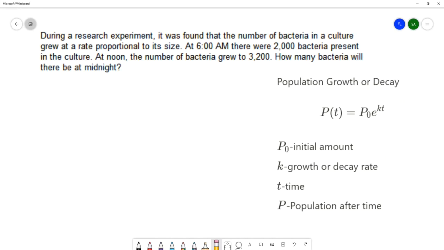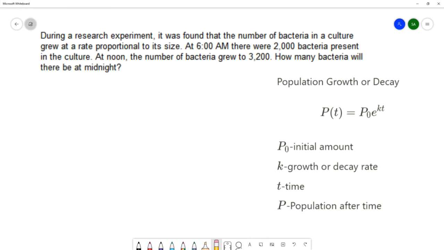So when we take a look at this, we're using something called population growth or decay. In this case, the bacteria is growing. It was at 6 a.m. 2,000, and then it grew to 3,200. So it's growth and not decay. Whenever we have a growth, our k, our rate, is going to be positive.